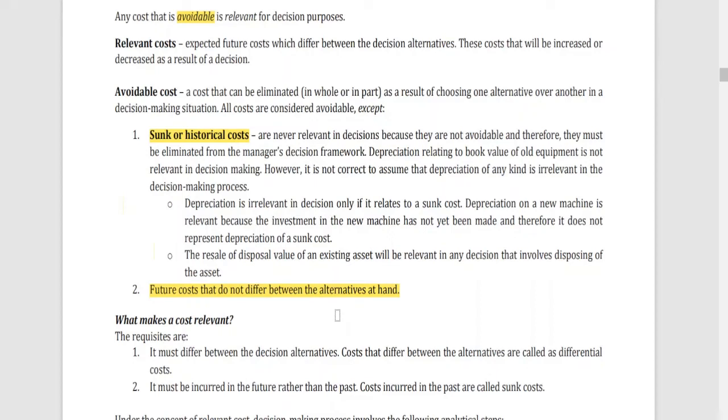Okay? So, dili siya avoidable. Dili siya malikayan. Naagihapon siya. Okay? So, these are future costs. Diba? The first one is sunk or historical. So, karaan na siya nga cost. Kani, future costs, but they do not differ. So, therefore, these are unavoidable costs.